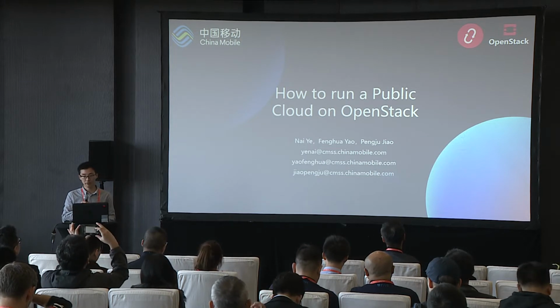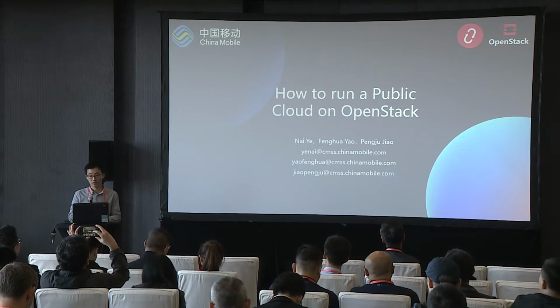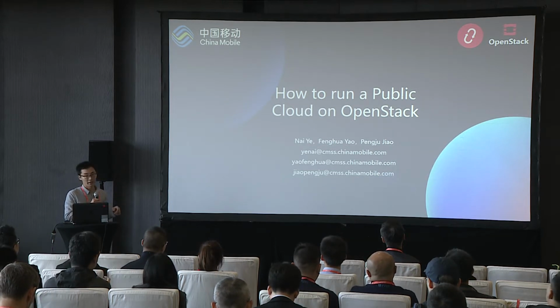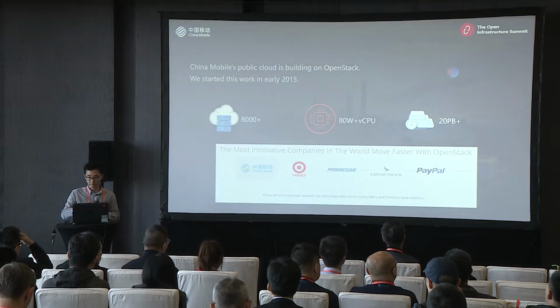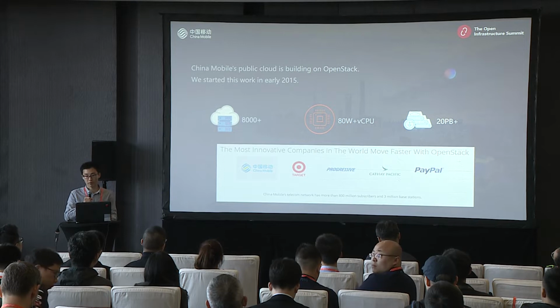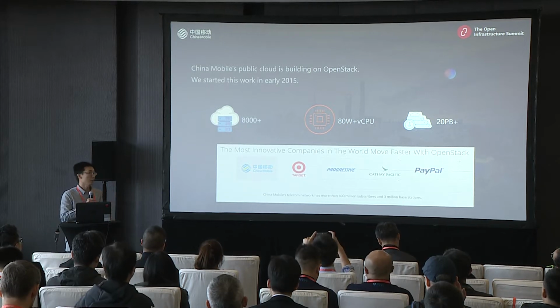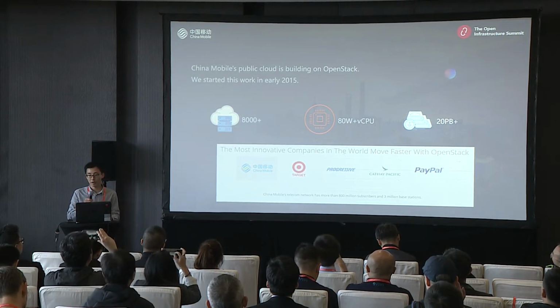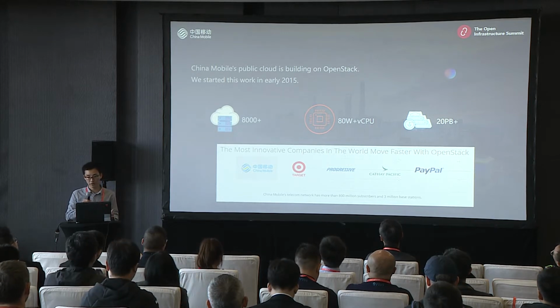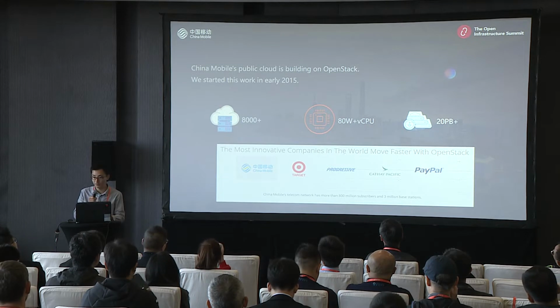I'm very happy to stand here to share our topic, how to run a public cloud on OpenStack. First, let me give you a brief introduction about our public cloud. China Mobile's public cloud is built on OpenStack, and we started this work in early 2015.